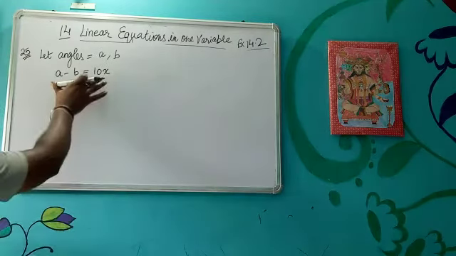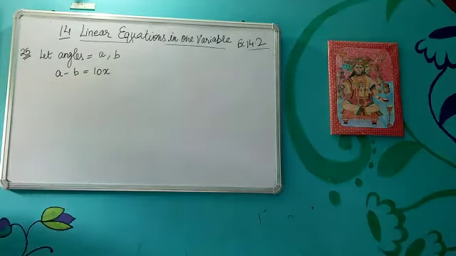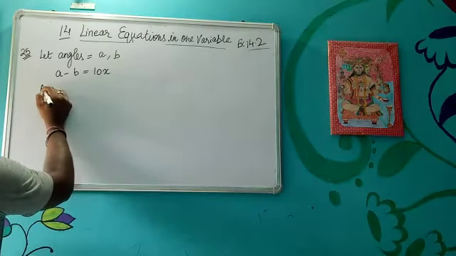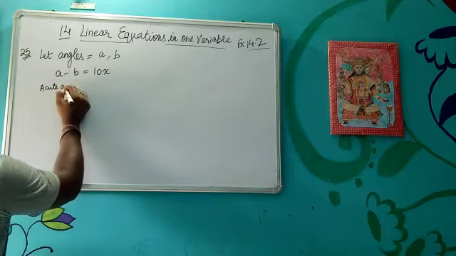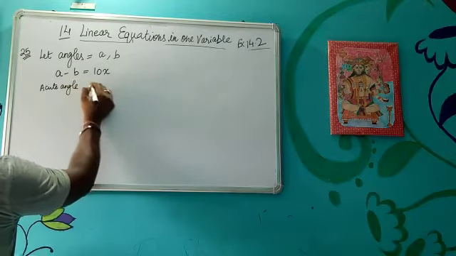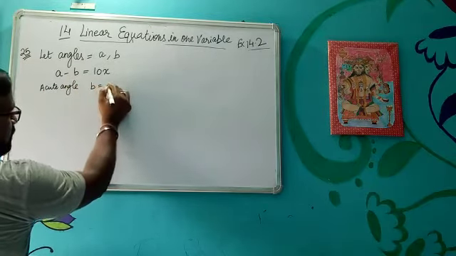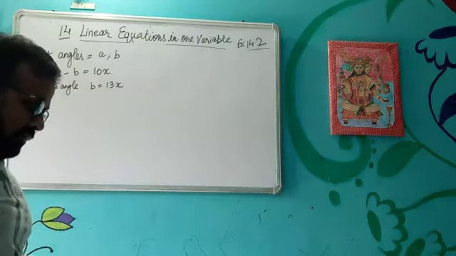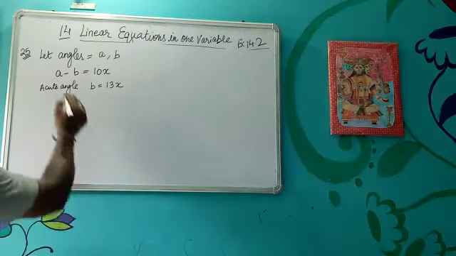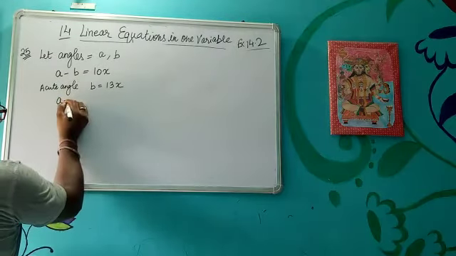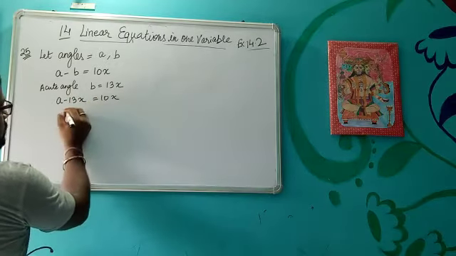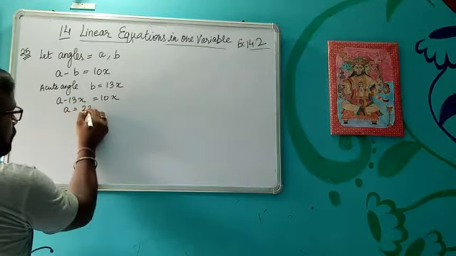So what is given? Their difference is 10x. Now what is given? Acute angle. So in this, what will be the acute angle? Definitely B will be the acute angle. So acute angle is 13x. So if I put A minus 13x equal to 10x, so what I will get? A equal to 23x.